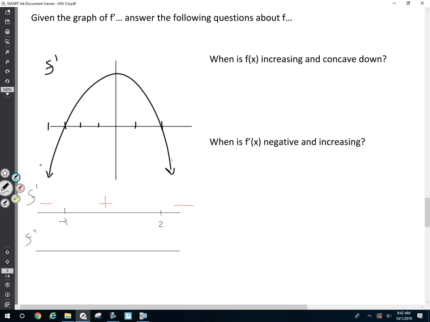F double prime, slopes of tangents of f prime, positive slopes until 0. Negative slopes until forever.